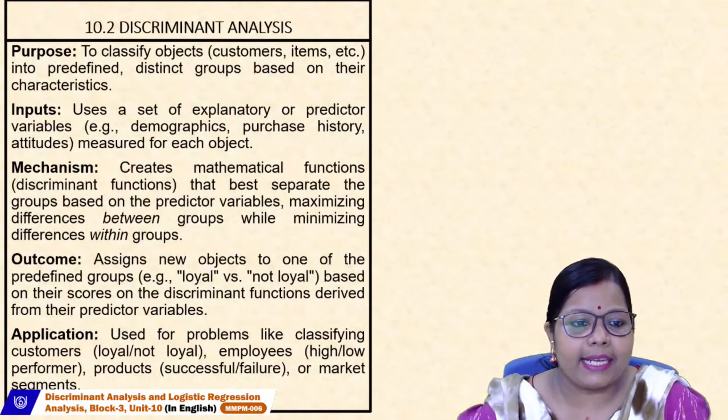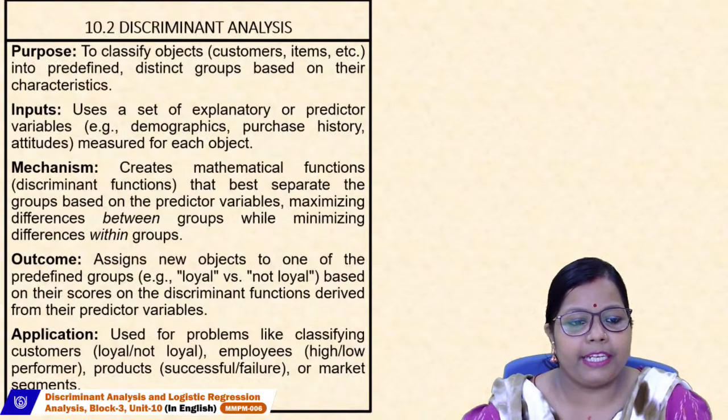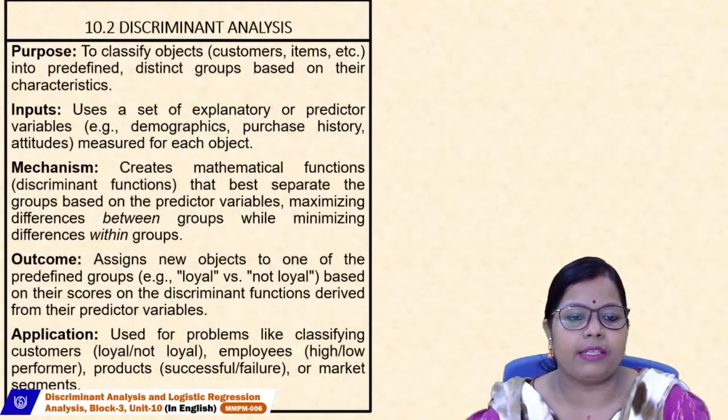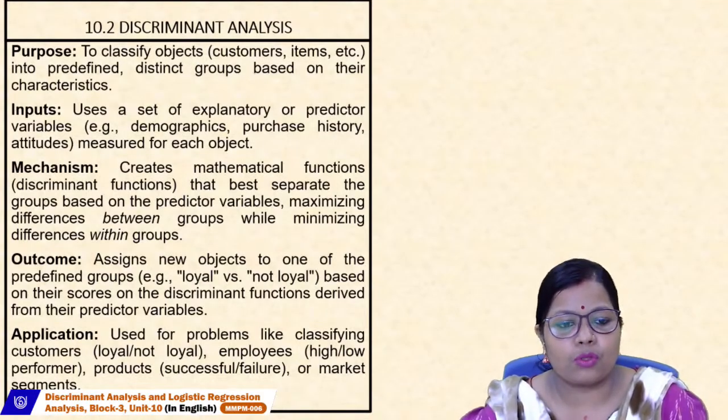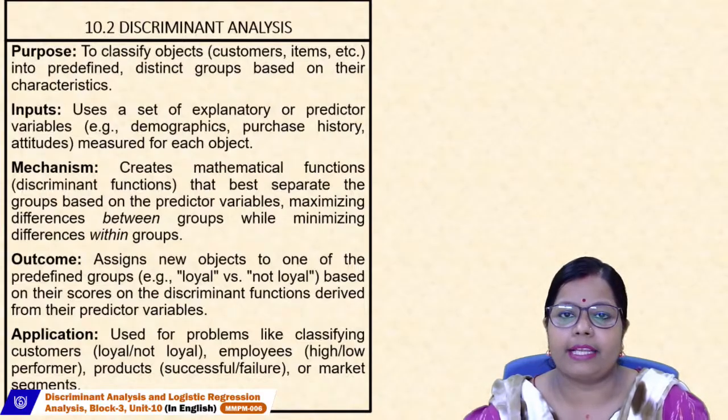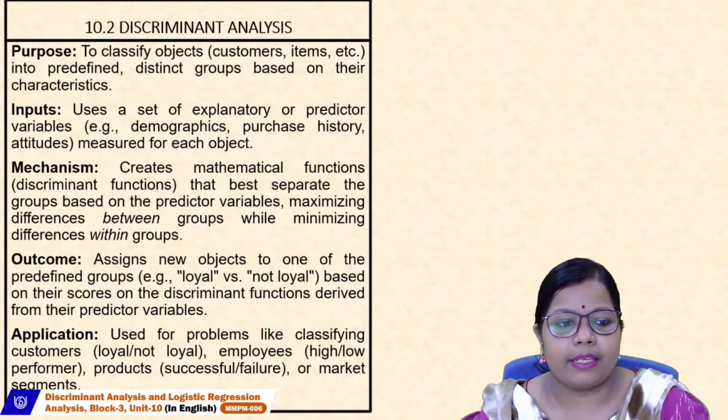The outcome is that we assign a new object to one of the predefined groups. Suppose instead of user and non-user, we use loyal and non-loyal. Based on their scores on the discriminant functions derived from their predictor variables, we get an outcome.